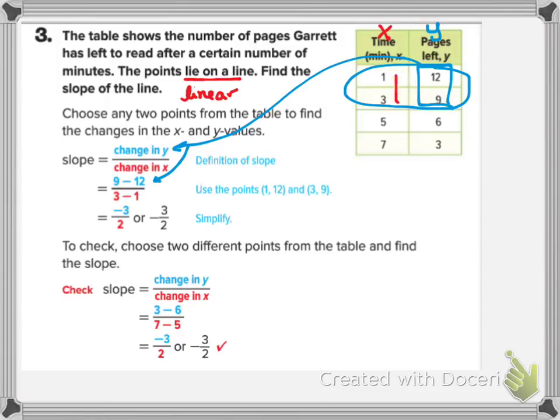Then they take the change in x values, and putting that in the change in x. So the formula is change in y over change in x.